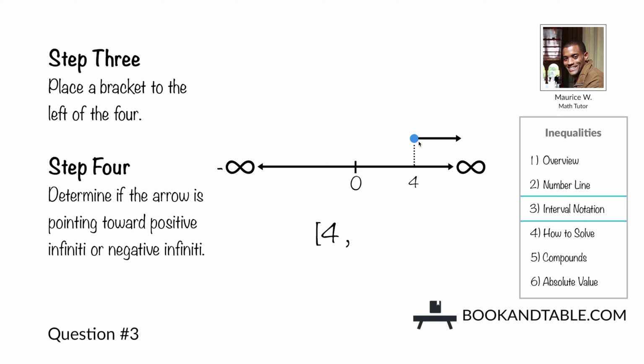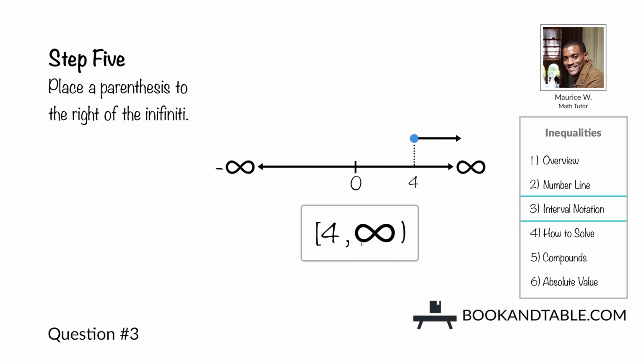And now, remember, the arrow means that it's all the values that are larger or greater than +4, which means this arrow is heading towards +infinity, not a specific value. So we determine if the arrow is pointing toward +infinity or -infinity, and we see that it's +infinity. So that's going to be the second value in our set.